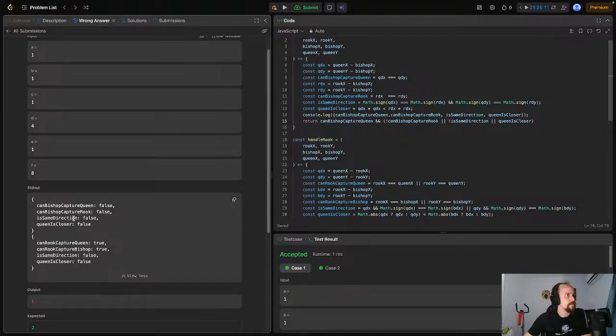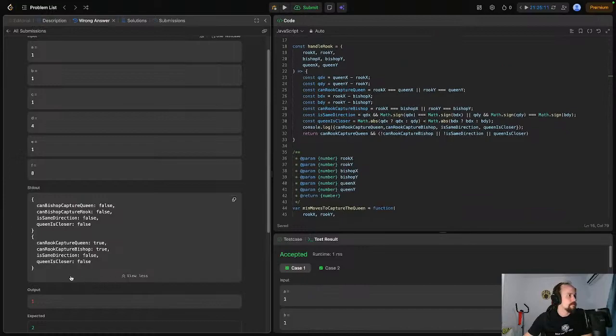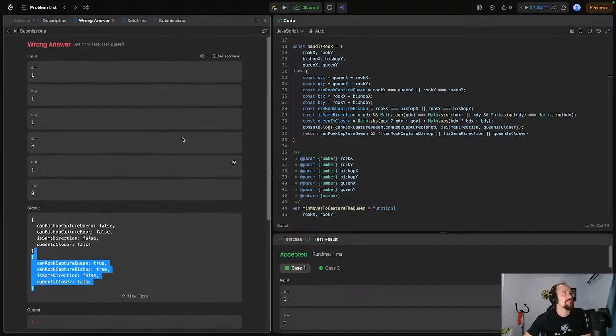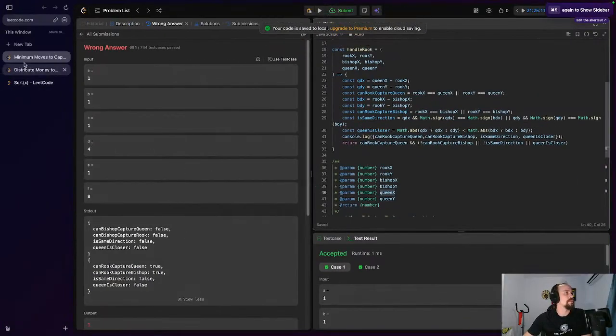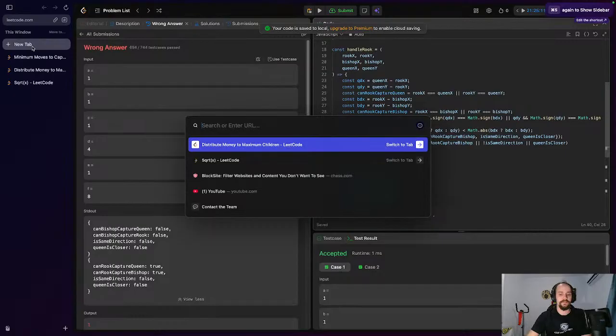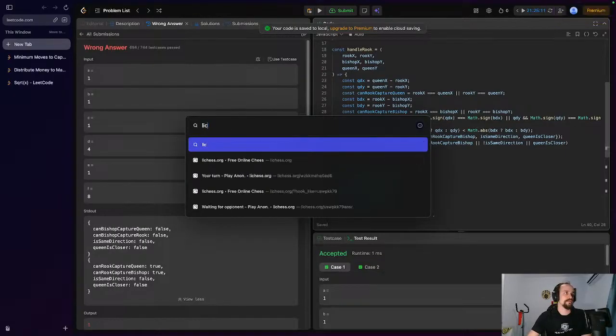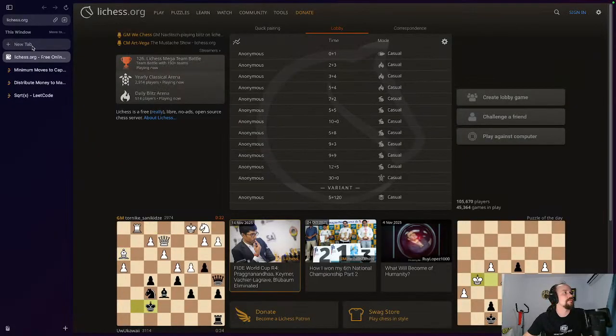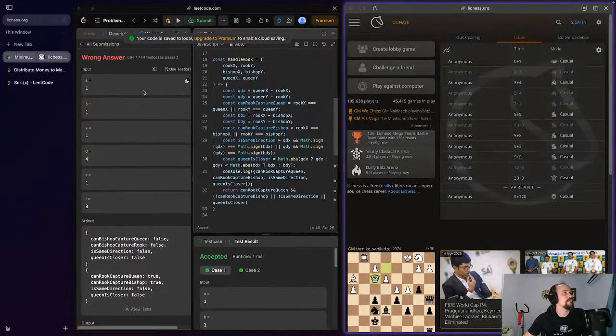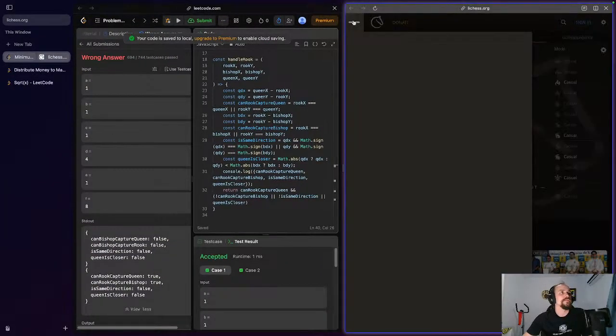So what is 1 expected 2, which means that we are detecting that the rook can capture the queen. So maybe one thing that we can do is go to lichess to visualize.